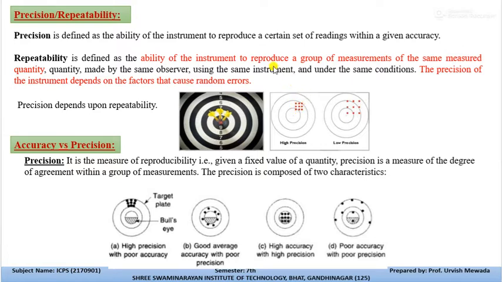Precision is defined as the ability of the instrument to reproduce a certain set of readings within a given accuracy.